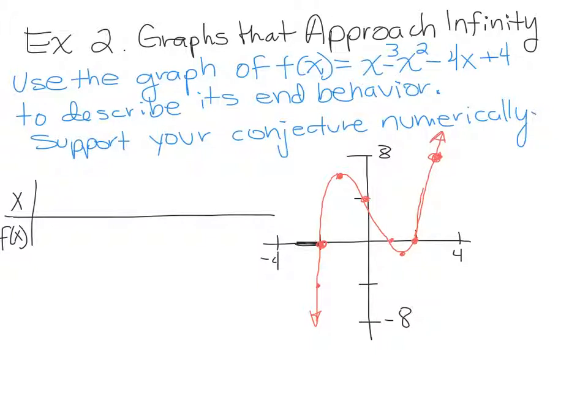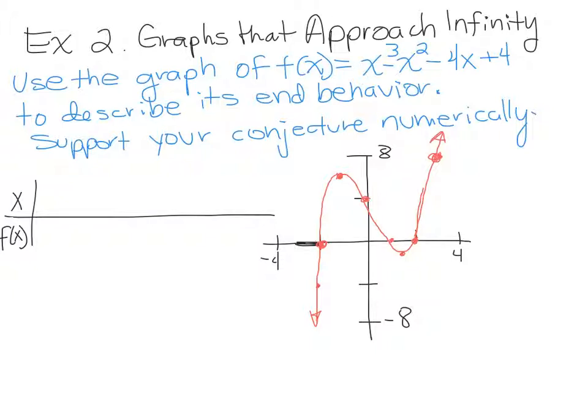And the same thing happens as I analyze the graph of f of x, and as I move to the right, and I keep on going to the right, it seems like the graph is going to positive infinity. So that is going to be the answer. As you move to the left, it is negative infinity. As you move to the right, it is positive infinity.